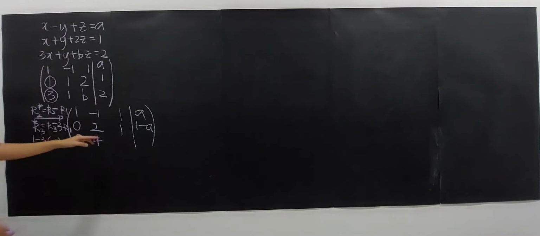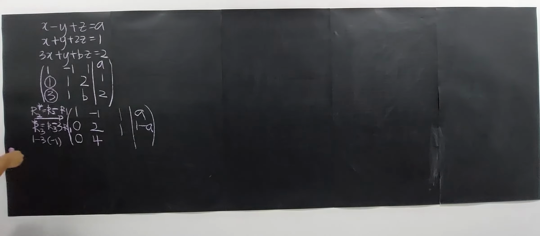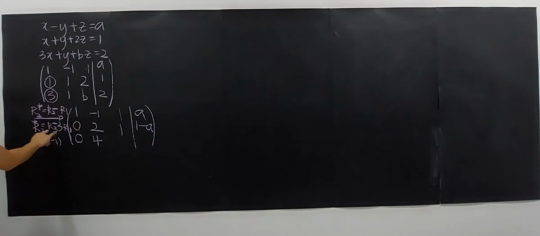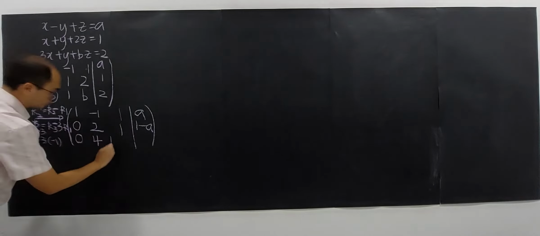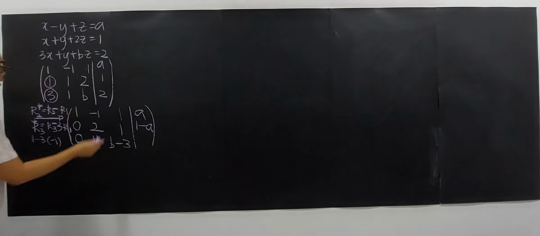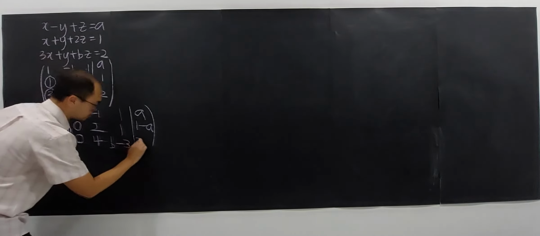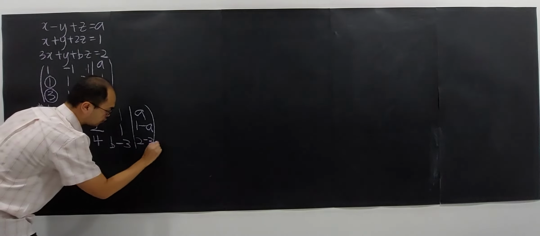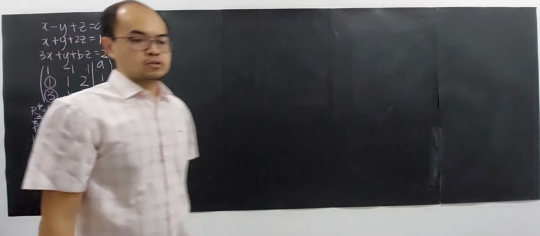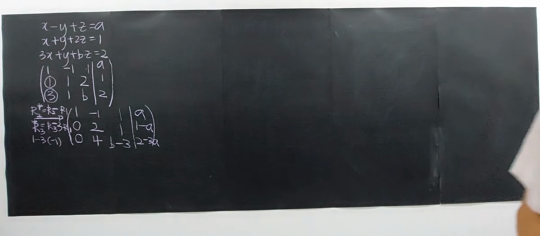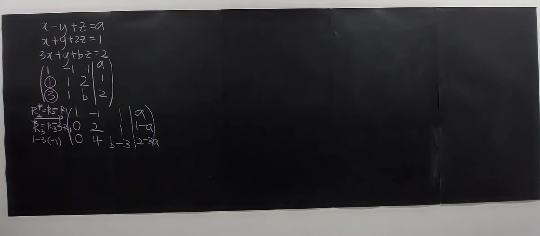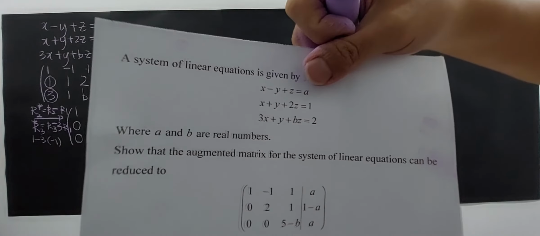Then b minus 3 times 1, so you have b minus 3. And 2 minus 3a.